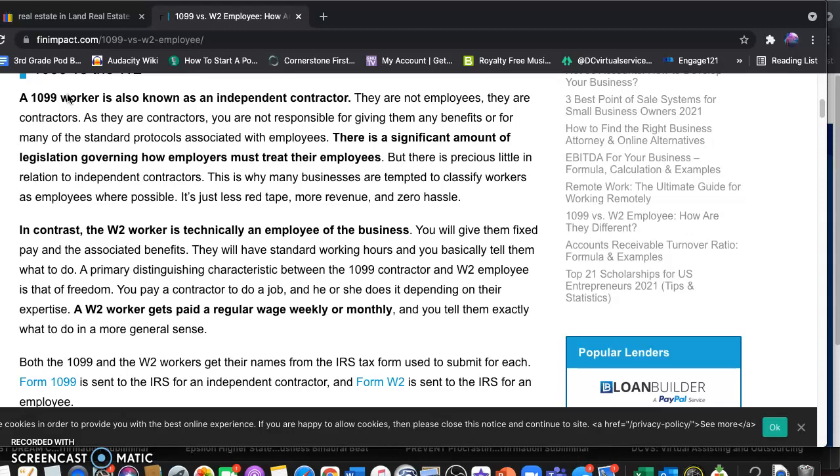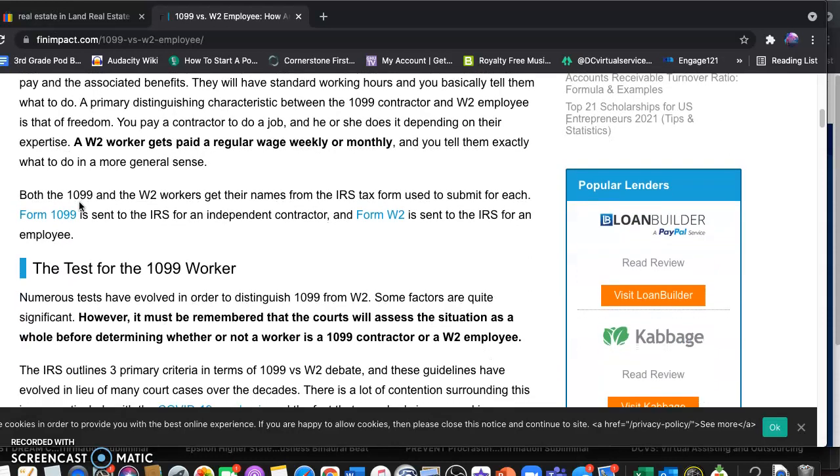Whereas with a W-2 worker, the employer owns the job and hires you as a W-2 employee to get the work done. Both the 1099 and W-2 workers get their names from the tax form submitted for each. So when you start as an independent contractor, you will receive a 1099.